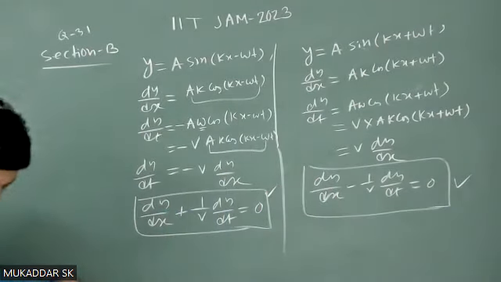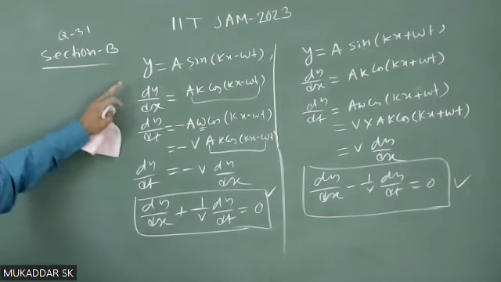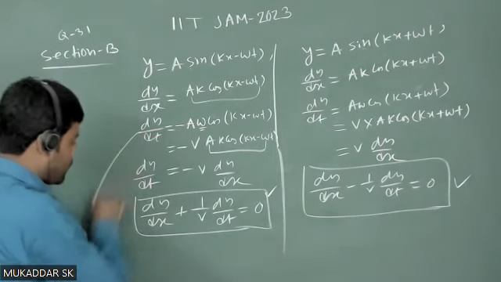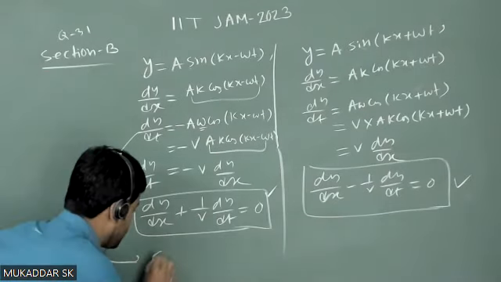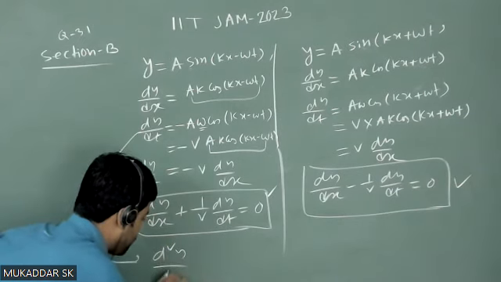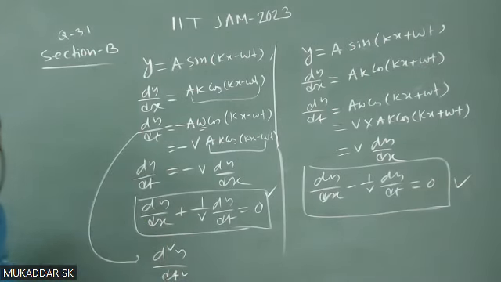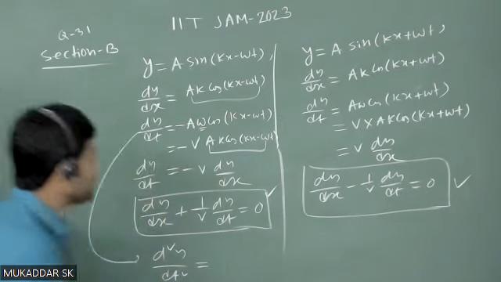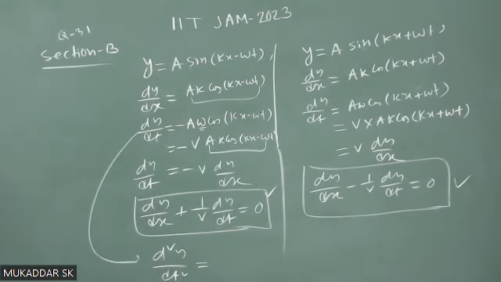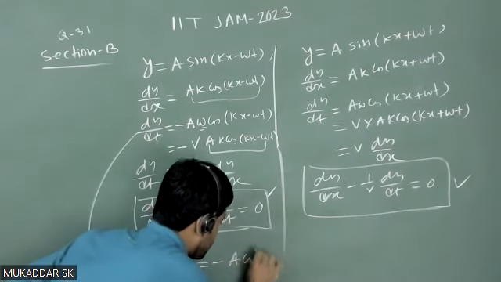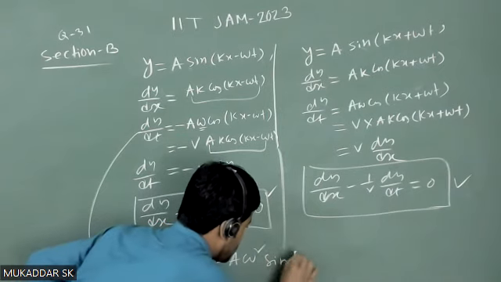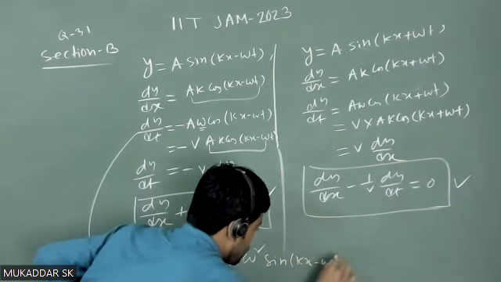Further, if you differentiate this with respect to time again, you get del square y by del t square, which will be minus a omega square sine of kx minus omega t.